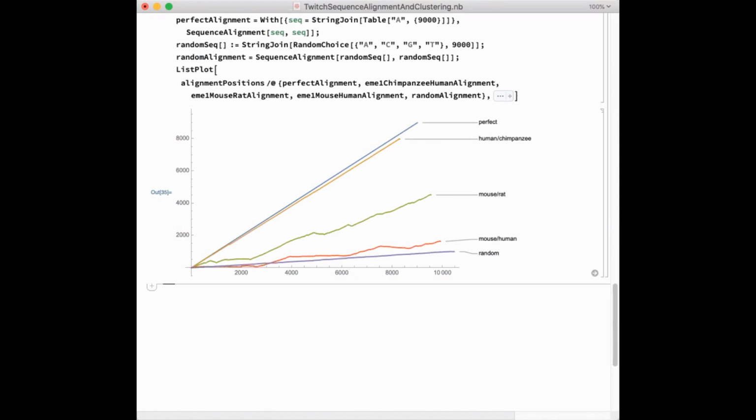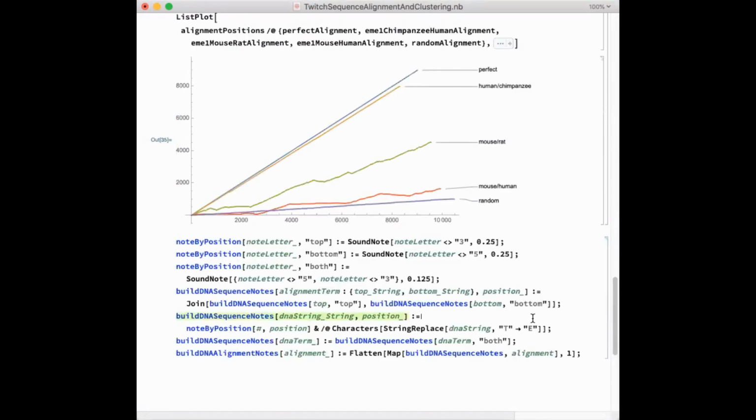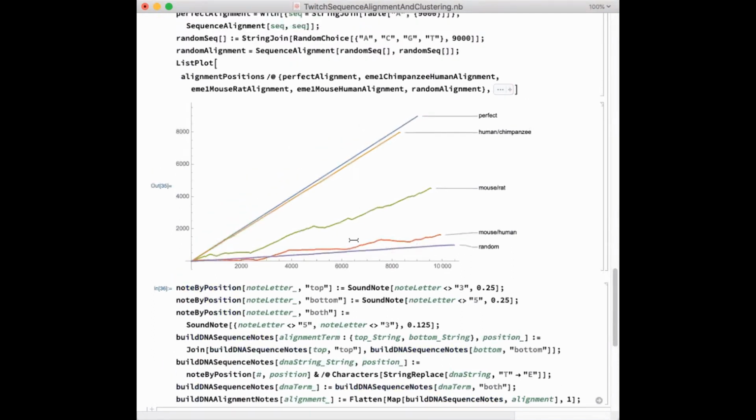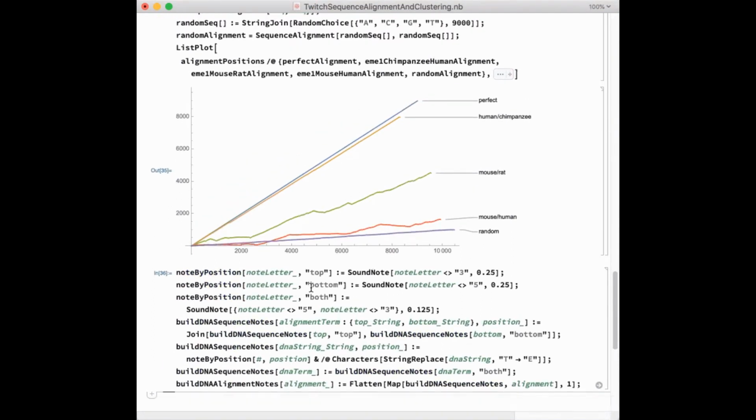I also have a musical example where we can compare how similar the alignments sound against each other. I won't try and play it here, but I will show how that was done. If, when we're doing the alignment, there's only a letter in the first sequence, we'll play it as a high note.